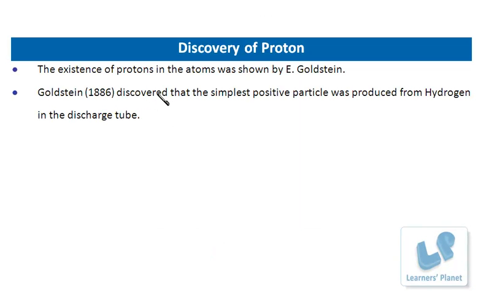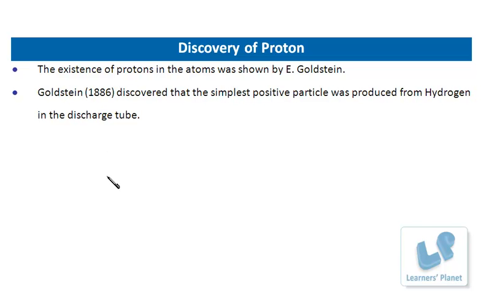The discovery of another type of particle present in the atom, that is the protons. The existence of protons in the atom was shown by E. Goldstein. He was a German scientist, and what he did was repeat Thomson's experiment by just modifying the discharge tube. What was there in the discharge tube used by J.J. Thomson?